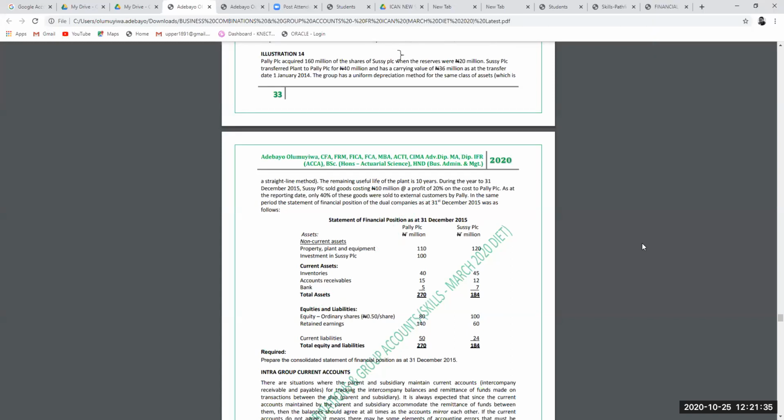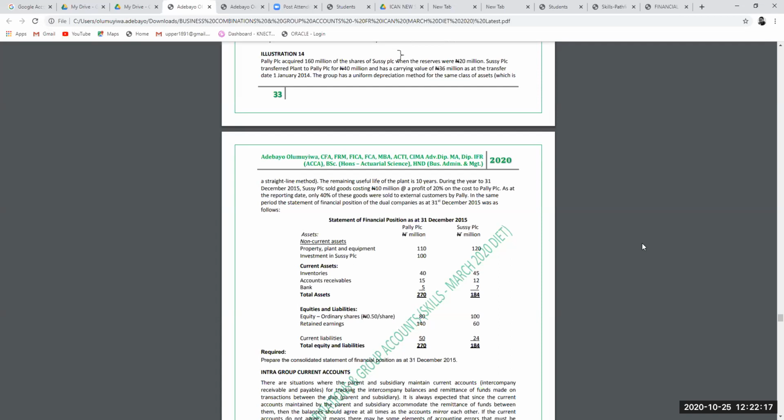Pali PLC, I'll read. Okay, continue. Pali PLC acquired 160 million of the shares of Suzy PLC when the reserves were 20 million naira. Suzy PLC transferred plant to Pali PLC for 40 million naira, and it has a carrying value of 36 million naira as at the transfer date, January 1, 2014. The group has a uniform depreciation method for the same class of assets, which is the straight line method. The remaining useful life of the plant is 10 years.